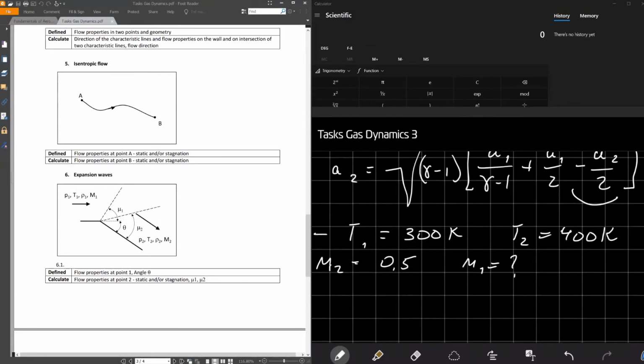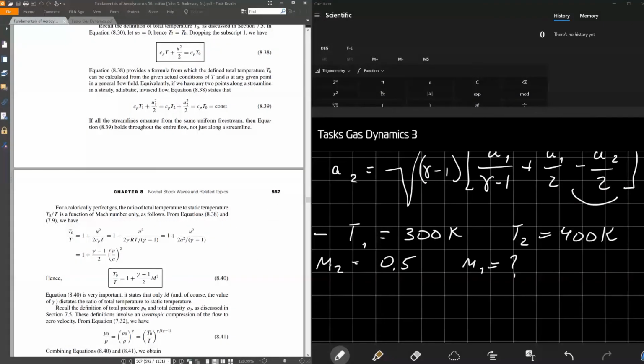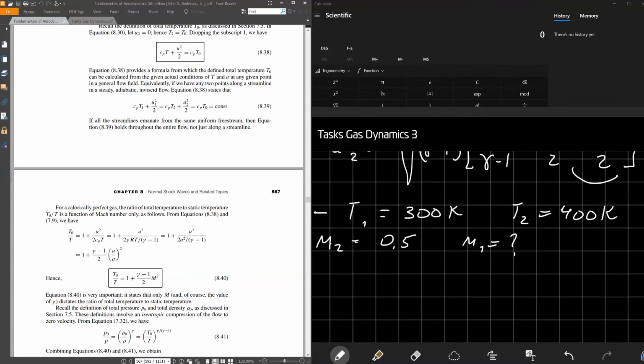To find the solution in such a way, we need to use our isentropic relations. We go back to equation 840. This is the relation between temperature and Mach number. And here we just write that temperature 0 is constant, no matter which point.